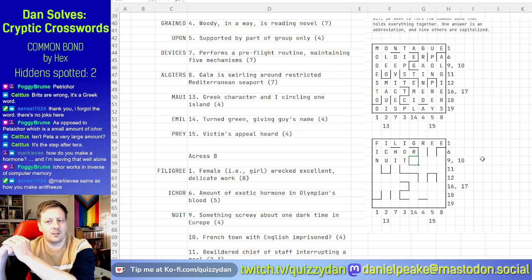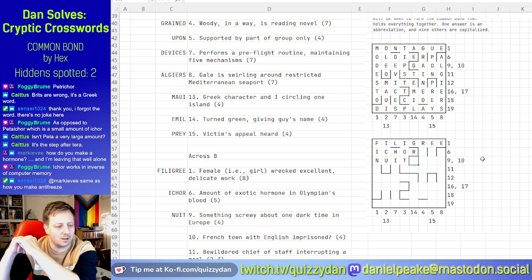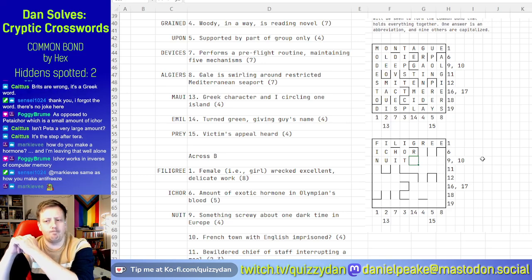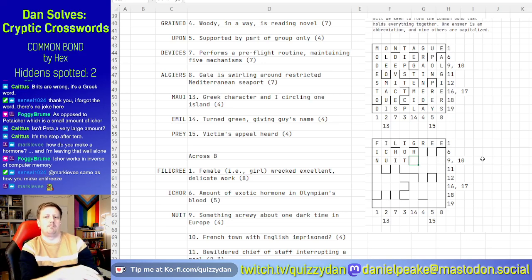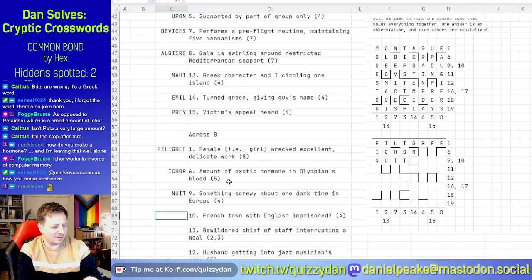None of these have got 4 letters or 3 letters in. French town with English imprisoned. There's a question mark. Is it a hidden? I'm going to move on.